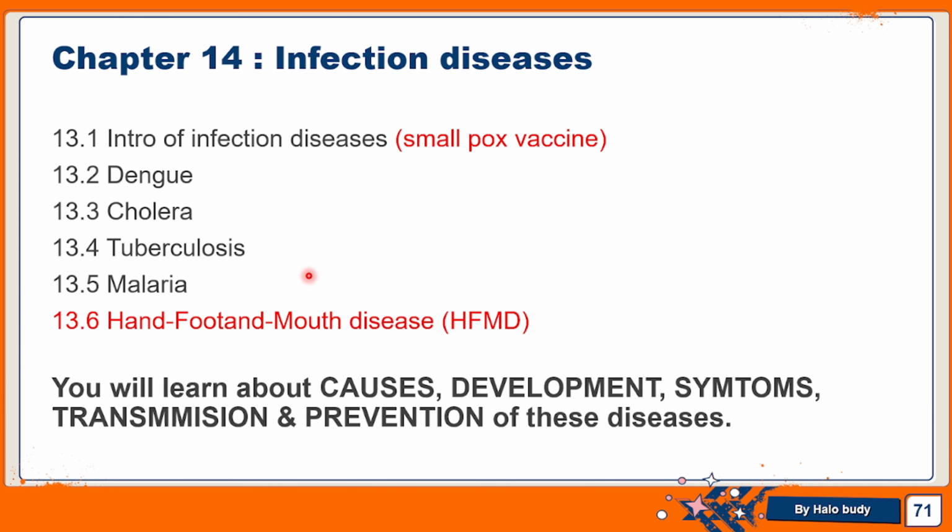So all that: causes, what caused it; development, when it infects, how the infectious agents develop; when a human gets this kind of disease, what are their symptoms; how it can be transmitted; and as a human, how do you prevent it? Especially this prevention, you need to know.